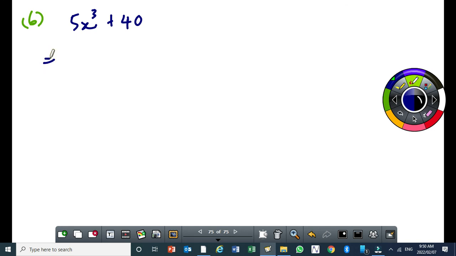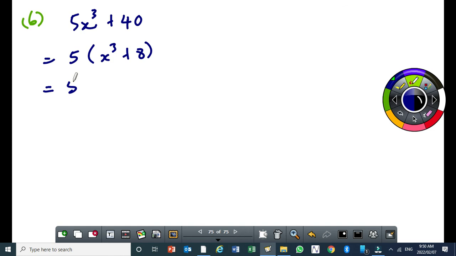Okay, I'm sure you know that 5 is not a perfect cube. 40 is not a perfect cube. Therefore, I have to factor out a common factor, which is the 5 first, and I'll have x cubed plus 8. Now I've created a sum of 2 cubes.